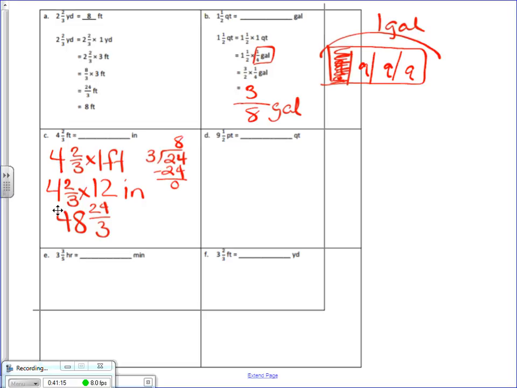And since you've got no remainder, do not turn it into a fraction. It's just 8. So 48 plus 8 is 56. It's a total of 56 inches. I went from big feet to small inches. You multiply.